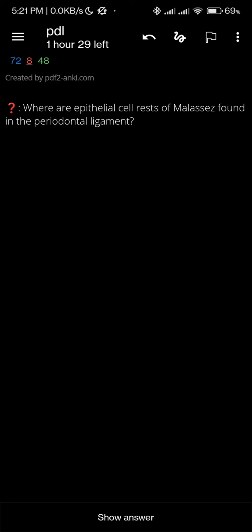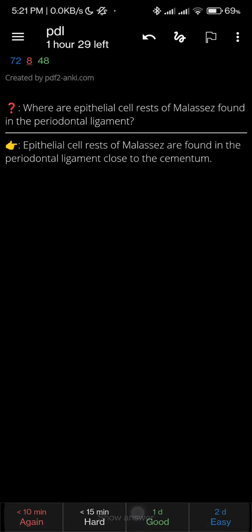Where are the epithelial cell rests of Malassez found in the periodontal ligament? They are found in the periodontal ligament close to the cementum.